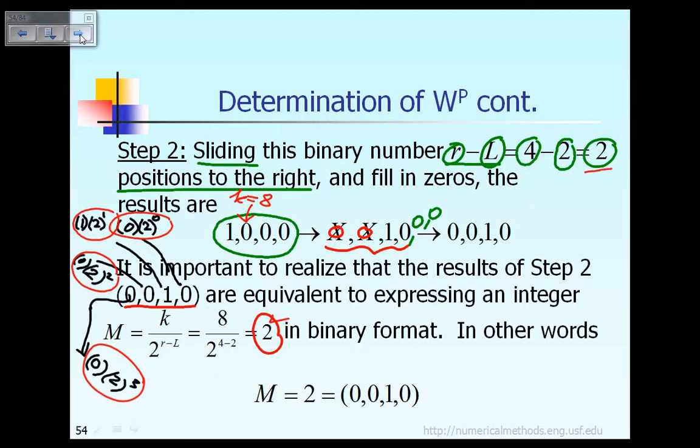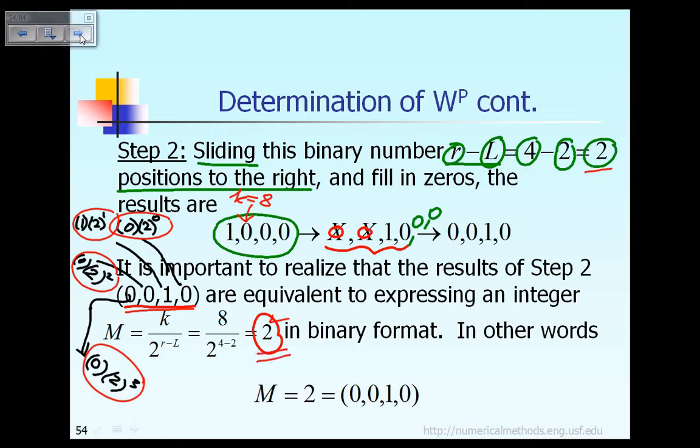And then you fill in with 0s the positions we marked as x. Then that binary number 1000 will become 0010. And that 0010 in the binary form has the value equal to 2.